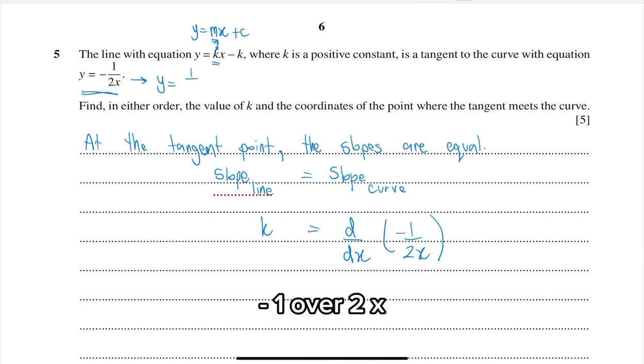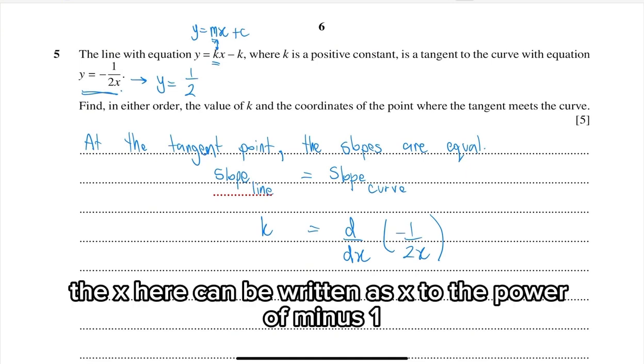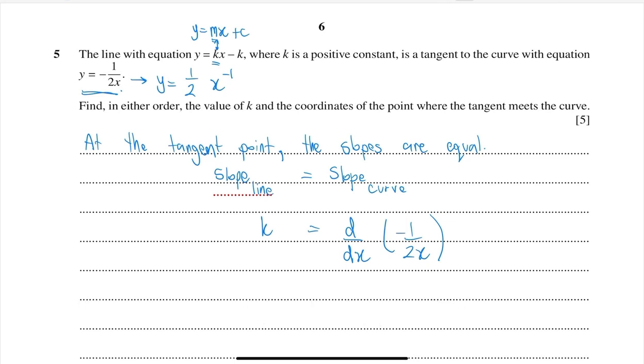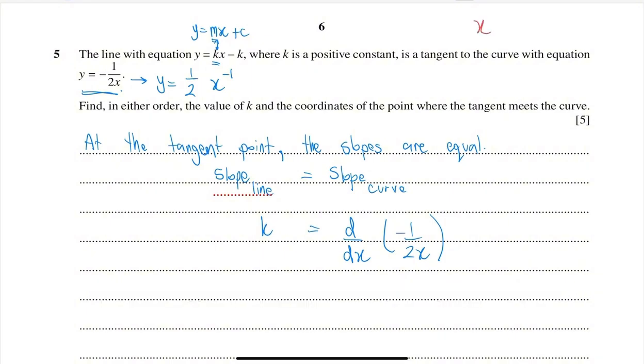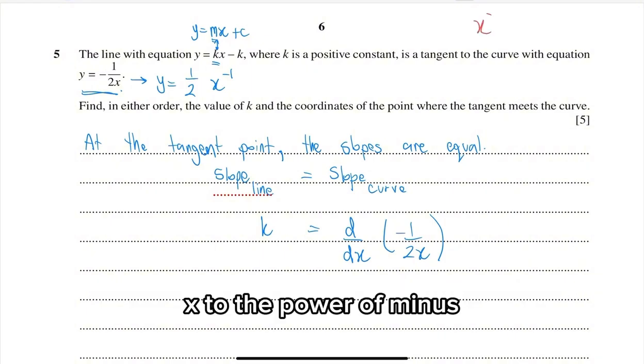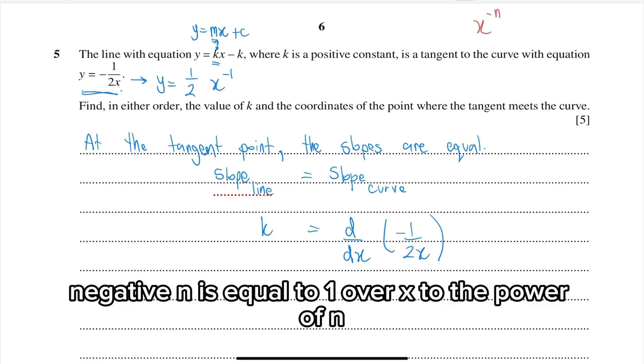The x here can be written as x to the power of minus 1, because if you remember from the index law, x to the power of minus n is equal to 1 over x to the power of n.